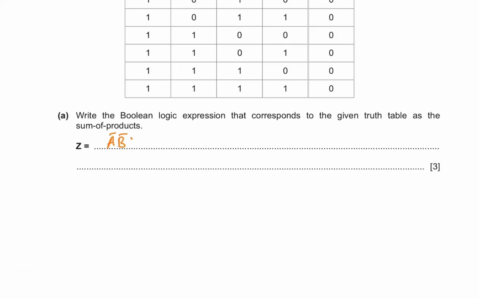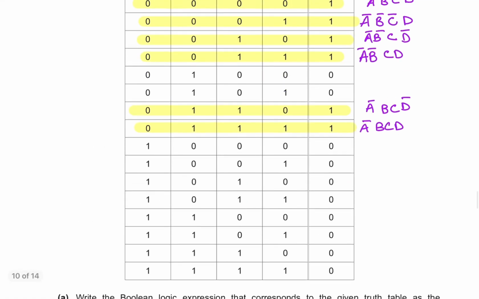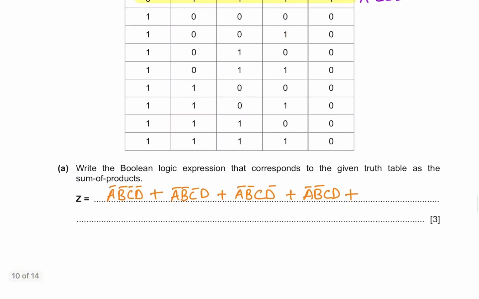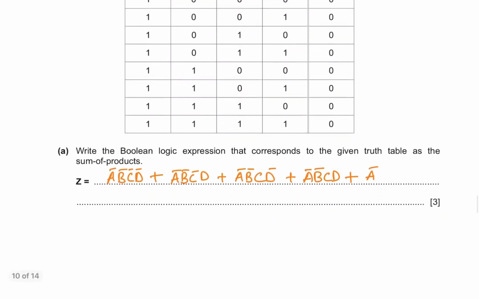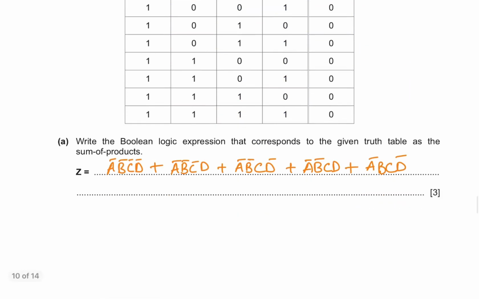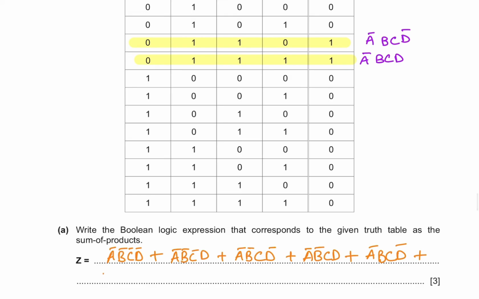A complement, B complement, C complement, D complement, plus A complement, B complement, C complement, D, plus A complement, B complement, C and D complement, plus A complement, B complement, C and D, plus A complement, B, C and D complement, plus A complement, B, C, D.